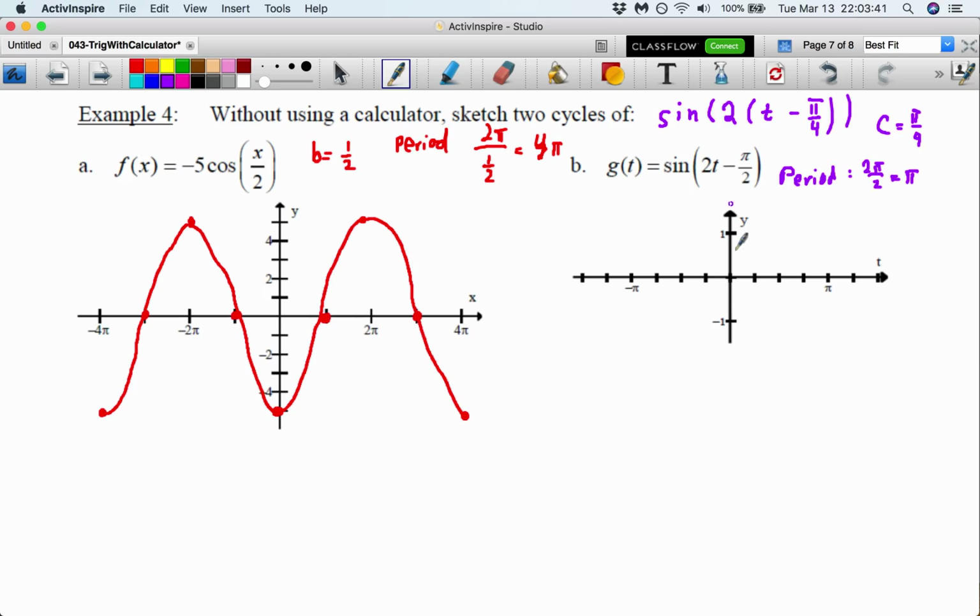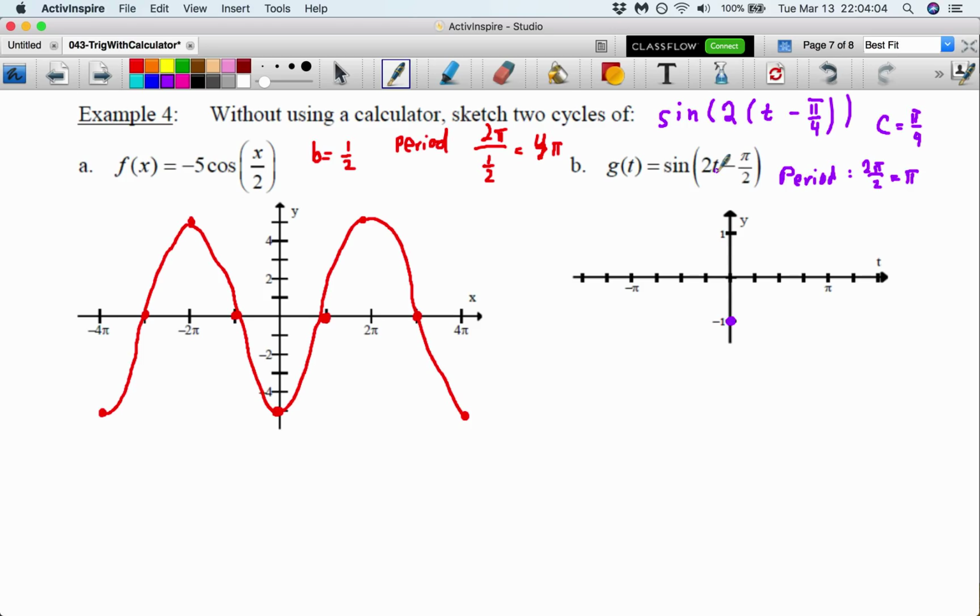Sine of negative pi over 2 is just negative 1. So that's indicative that we moved things over. And then all the important pieces are moving over by pi over 4. What does that mean? What's sine of pi over 4 now?